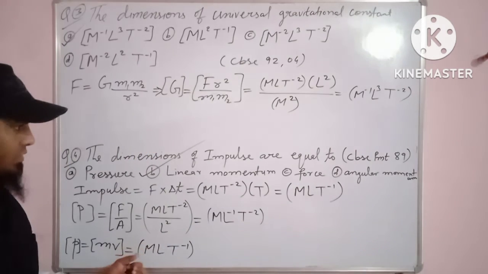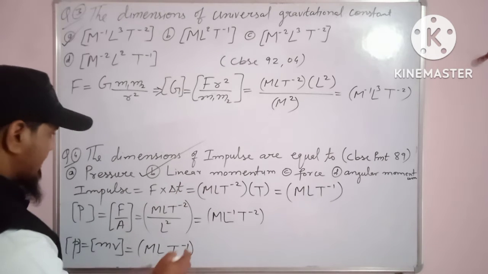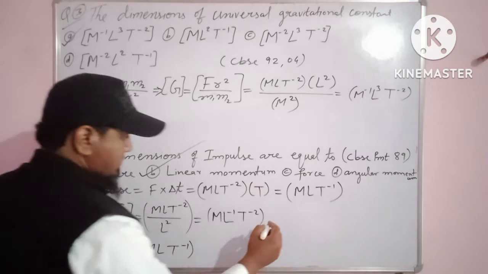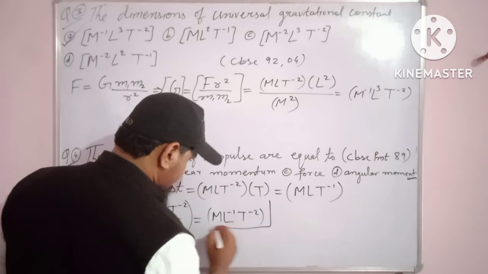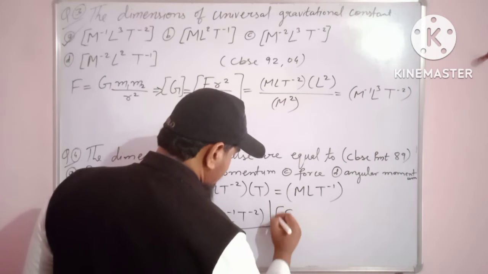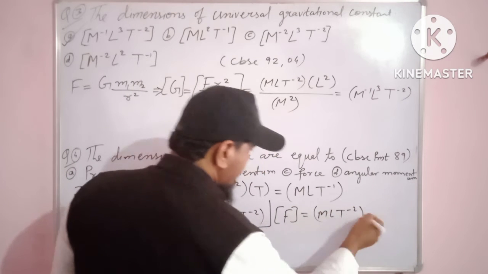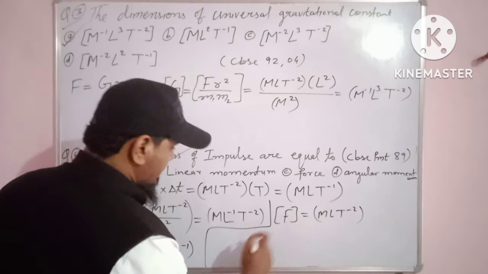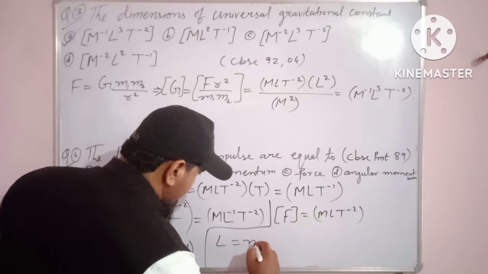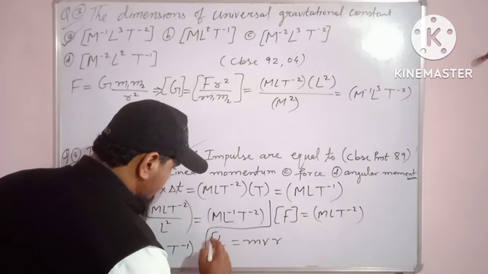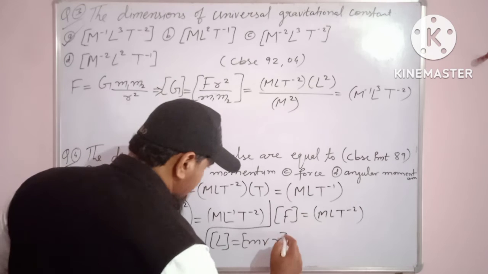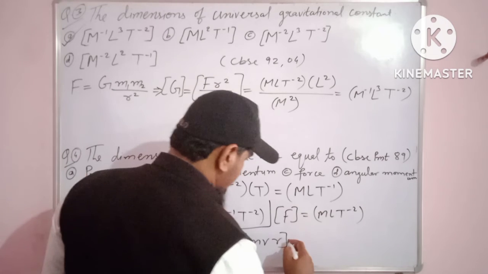So this is also a very simple question. Force dimensions I will tell you. Force is nothing but mass into acceleration again, that is MLT^-2. Always keep in mind angular momentum. And what is angular momentum? mvr. So the dimensions of angular momentum will be equal to dimensions of m into v into r.